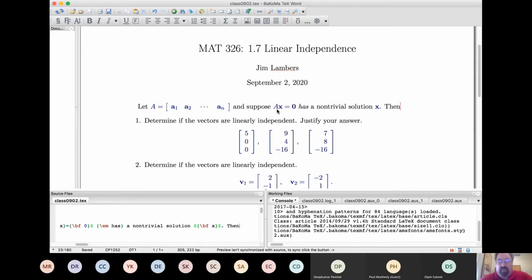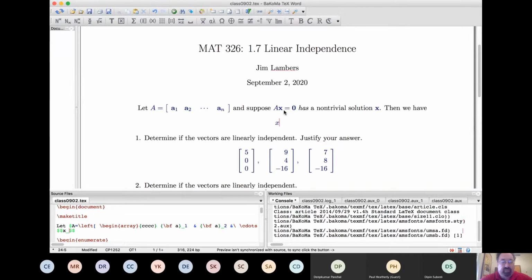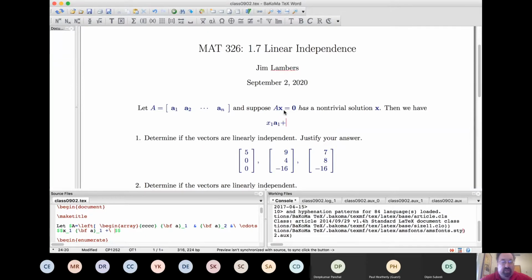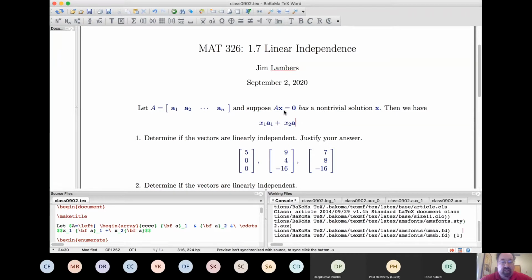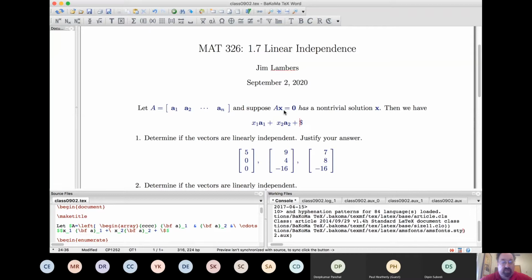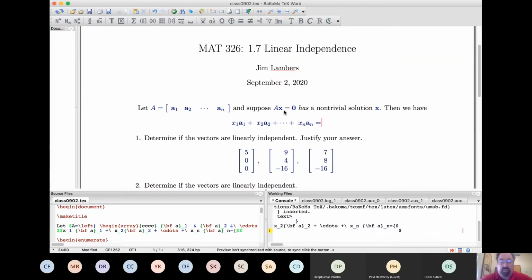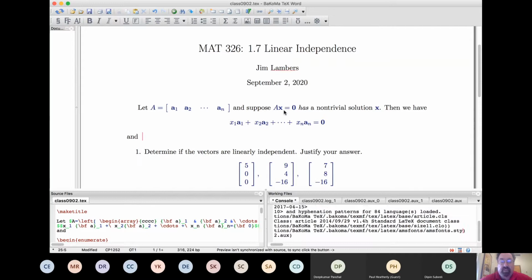Because when you're describing what this expression, A times X, is, it's a linear combination of these columns of A, and the coefficients of a linear combination are the elements of X. So another way of saying the same thing, AX equals 0, is this: x1 A1 plus x2 A2, and so forth, will give you a 0 vector, and at least one of these coefficients has to be non-zero.